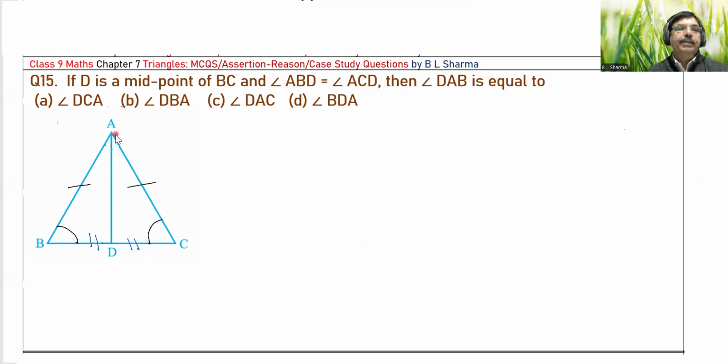So in the triangle ABD and ACD, side, angle, side, similarly, the two triangles are congruent, means triangle ABD is congruent to triangle ACD.